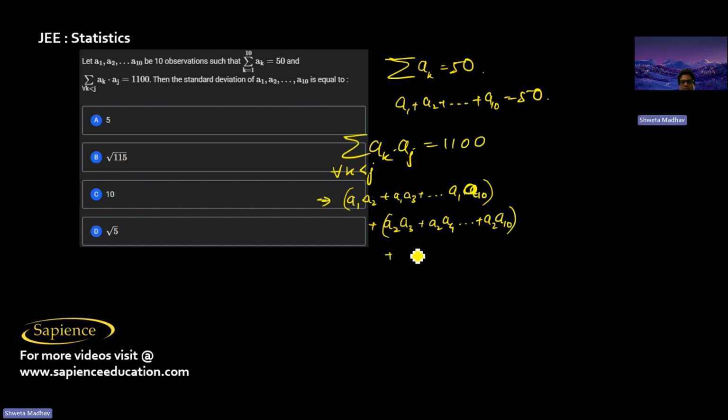Then plus A3A4 up to A3A10, and so on till A9A10, that is equal to 1100.